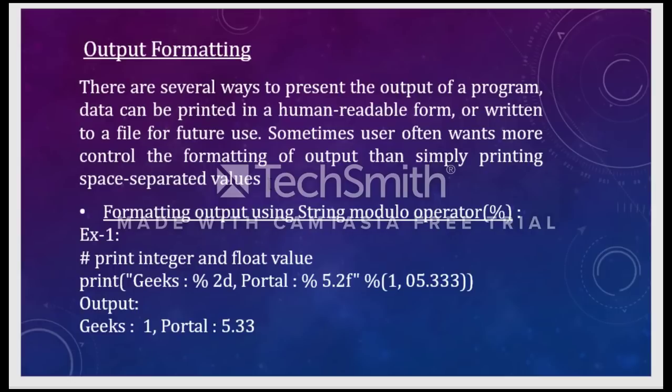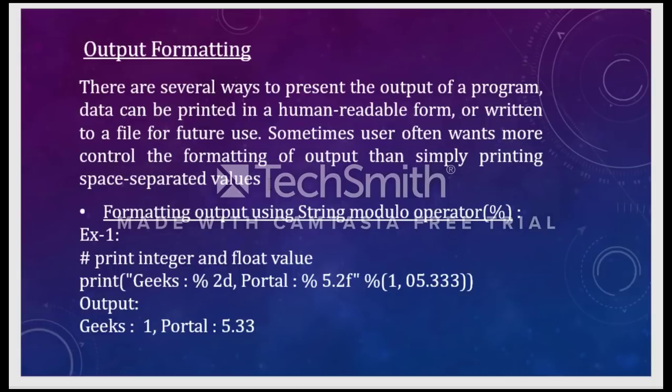To work with all these things, Python also has output formatting concepts. That means we can print the output as we wish. With these concepts, we can learn how to print our output in different formats.